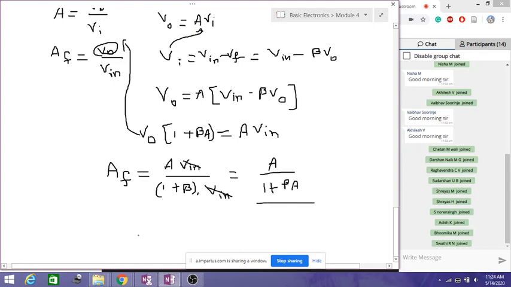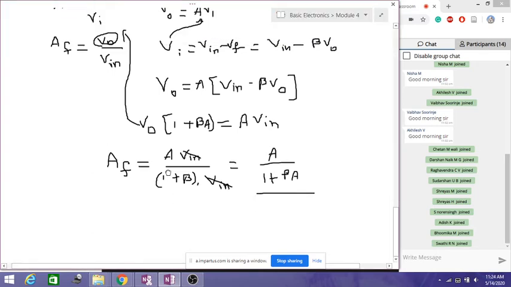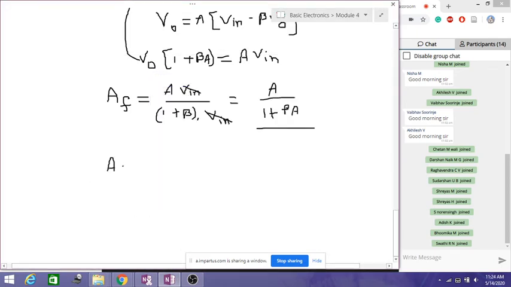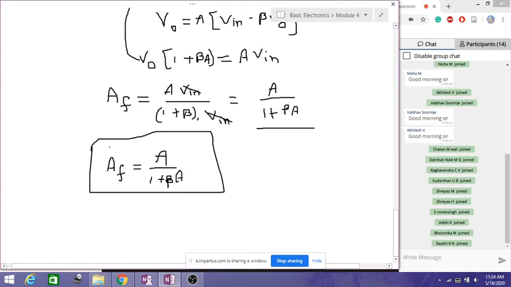So now this is perfect. Let me rewrite this equation properly. The overall gain AF is given by A, the gain of the amplifier, divided by 1 plus beta into A. So this is the equation.